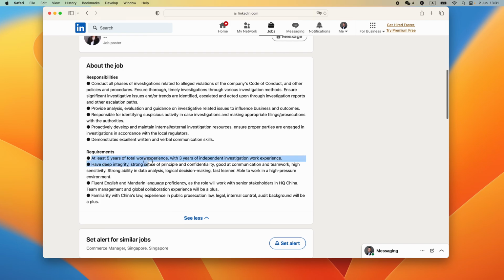At least 5 years of total working experience. Maybe you can study the organization of a big company with 5 years experience and with 3 years of independent investigation working experience. So you must have the ability to deal with all of this investigation by yourself.